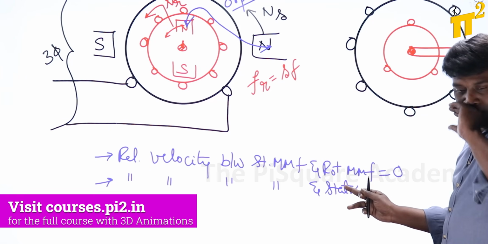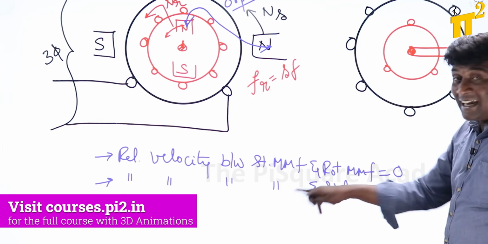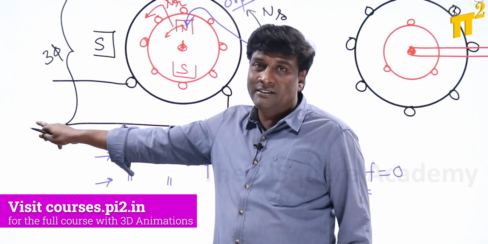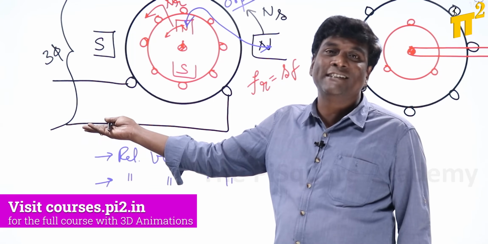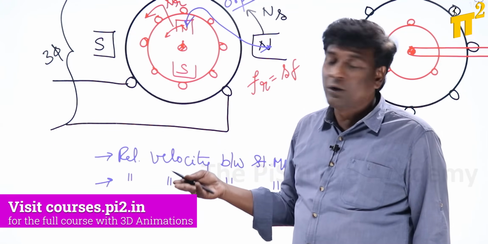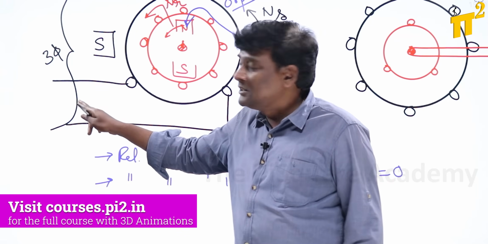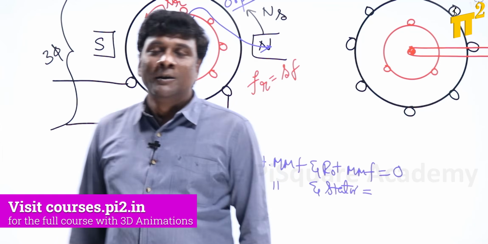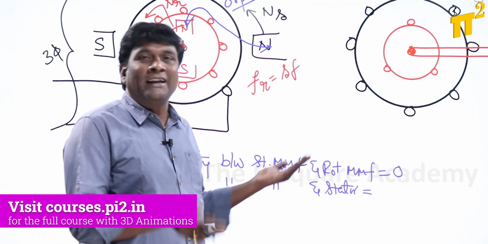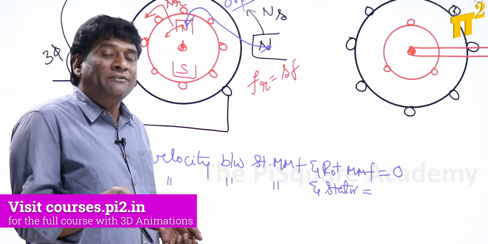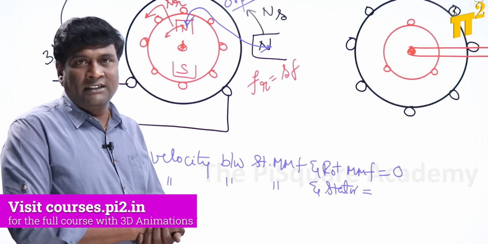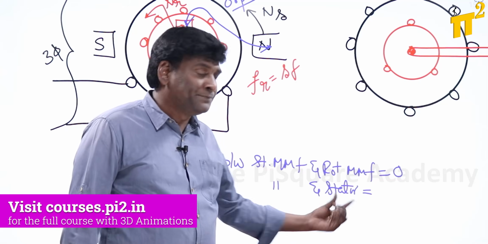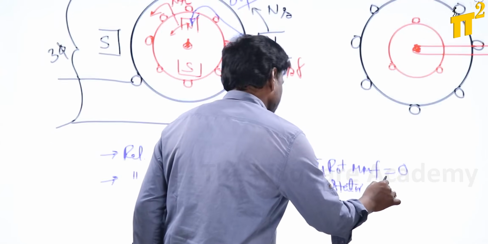Stator MMF and stator will be decided by frequency. You are supplying constant frequency because it is stator fed, you are feeding through the stator. So my stator MMF with respect to stator is going to be ns, synchronous speed, because frequency is constant f. If the frequency is sf, it is going to be sns. That is for the rotor. Now, stator MMF and stator, you are sitting on the stator, is going to be ns.